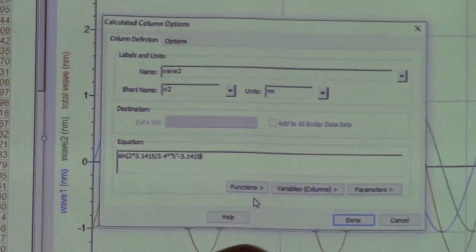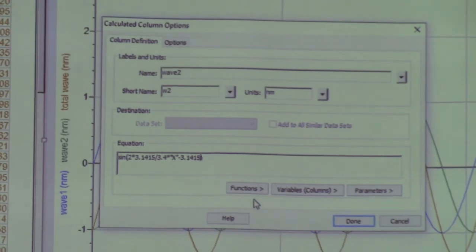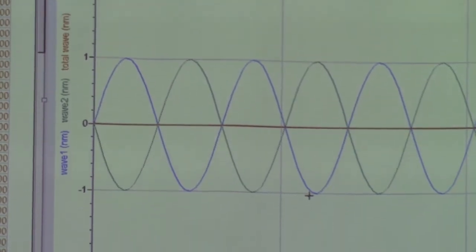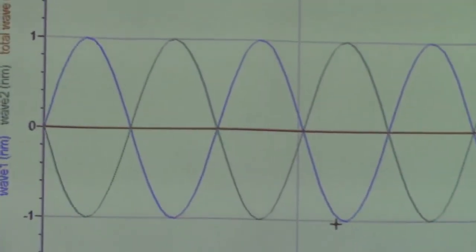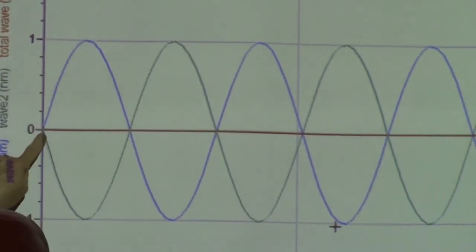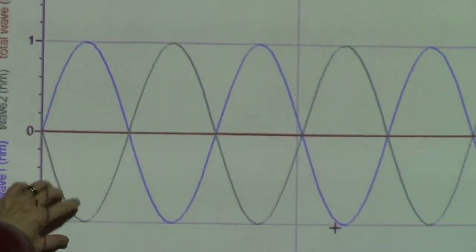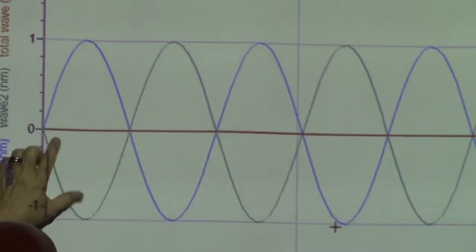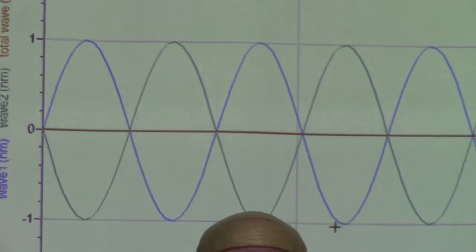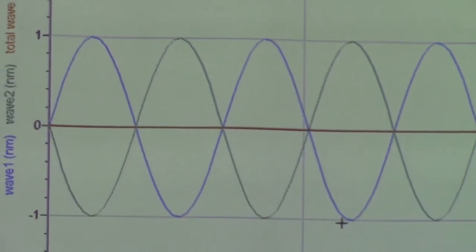Okay, so this is kind of nice to see, because one of the ones we wanted to emphasize is when they were perfectly out of phase, what we called perfect destructive interference. And so the first one, the blue one, goes up and the green one goes down. They exactly match each other, and the result is a 0. And so that is our destructive interference.